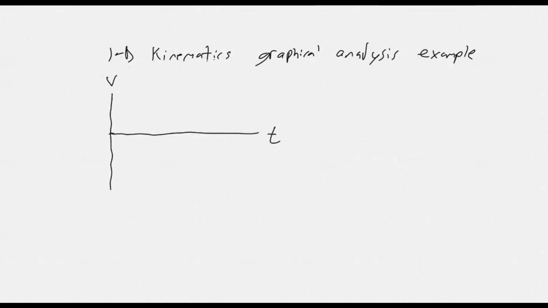Start it at the origin. Go. And let's see, how do we want this thing to go? We can make it go up. That, then go down, go like that. Random graph, right?